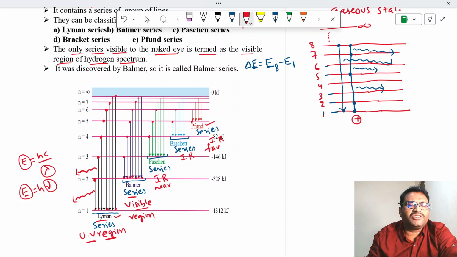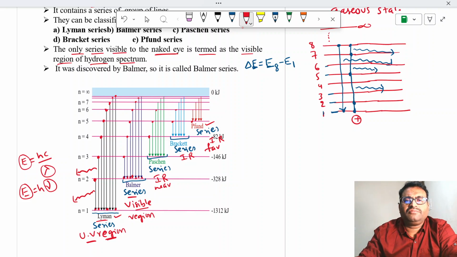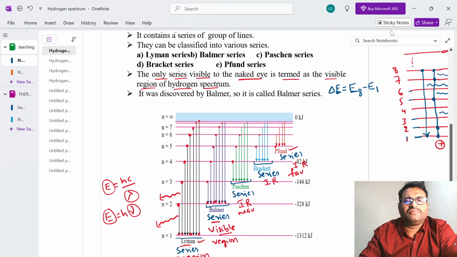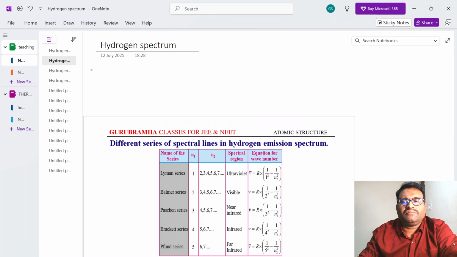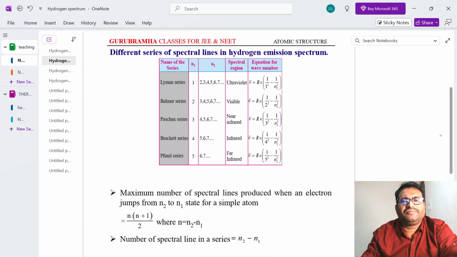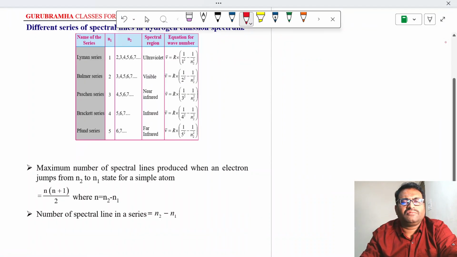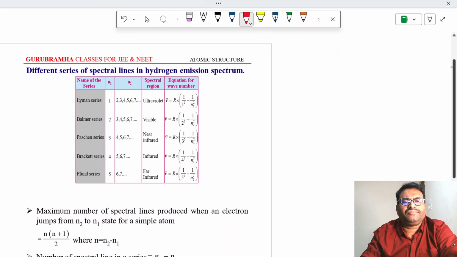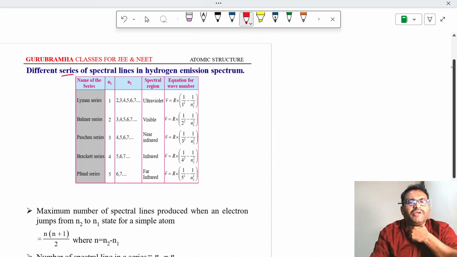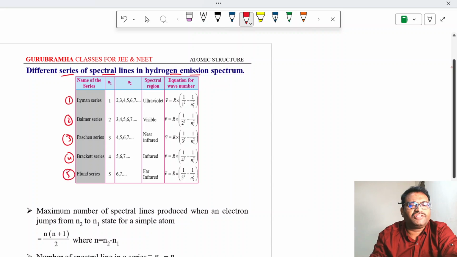Those are the Lyman series, Balmer series, Paschen series, Brackett, and Pfund. Different series of spectral lines in the hydrogen emission spectrum: Lyman series, Balmer series, Paschen series, Brackett series, Pfund series.